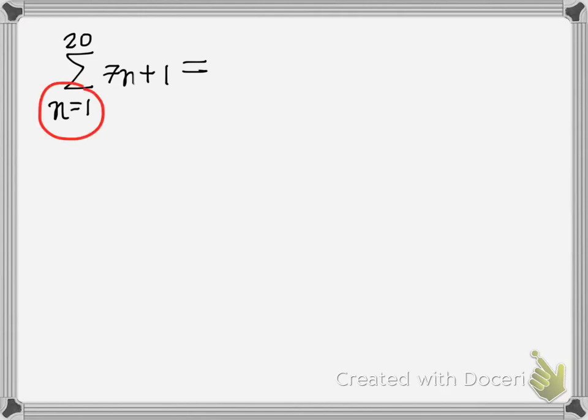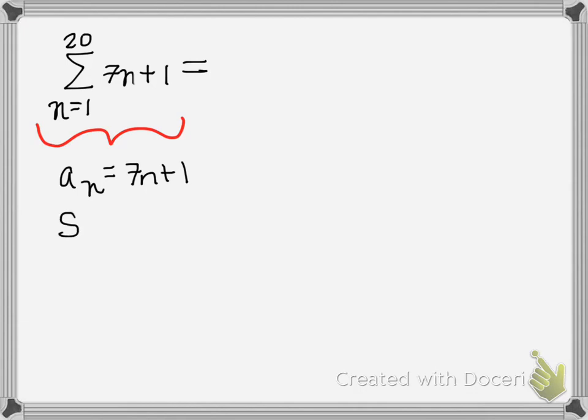So we're going from this first term to this 20th term, 20 terms. I could also say all of this could be written like this: I've got some a sub n where 7n plus 1 is the sequence, and then I'm looking for s sub 20. Same exact thing with sigma notation.